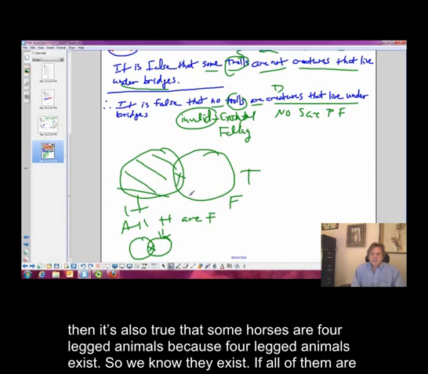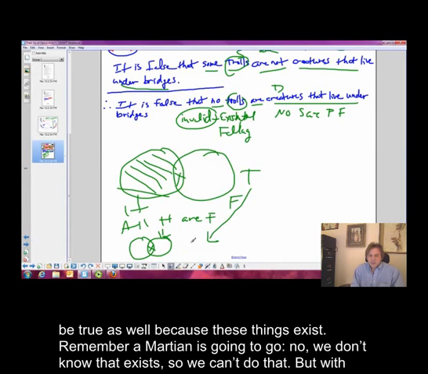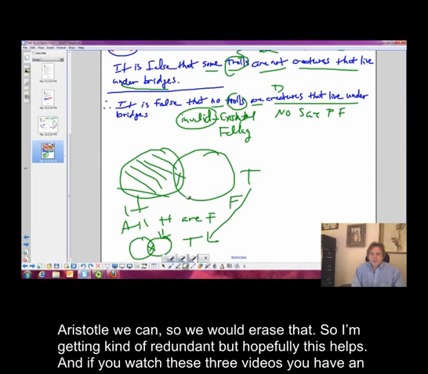So we know they exist. If all of them are four-legged and horses exist, then at least one is four-legged, and that's going to be true as well, okay? Because these things exist. Remember, a Martian's going to go, no, we don't know that exists, so we can't do that, but with Aristotle we can.